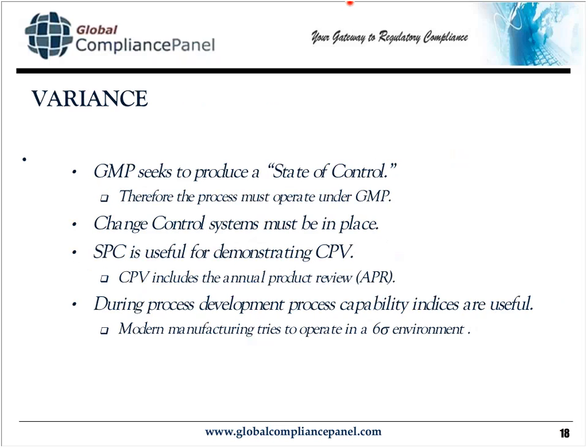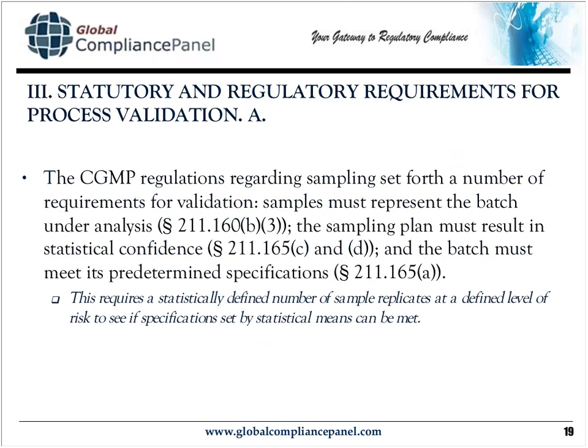But we are now into section 3 of the guidance document. And this is the title. The A I've just sort of stuck on. This is the first half of what I'm going to talk about, first part anyway. But basically it tells you the GMP regulations regarding sampling put forth requirements for validation. And remember, samples must represent the batch under analysis.